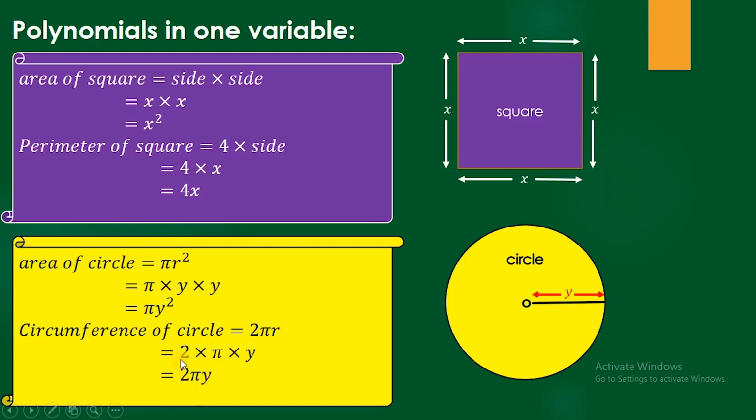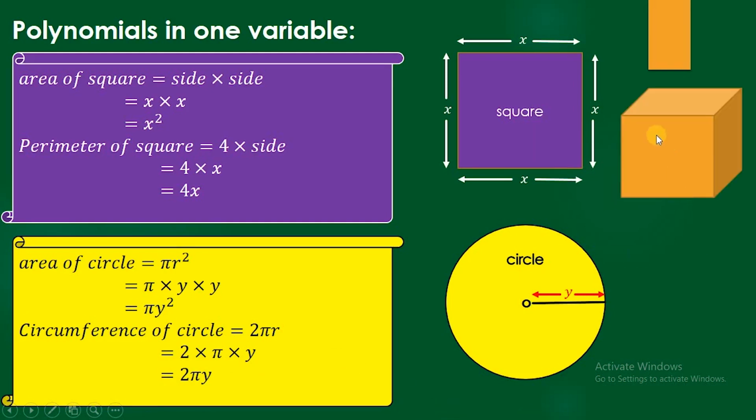Therefore, this whole term is a polynomial and it is in one variable, that is only y. Similarly, you can find the polynomial expression for the cube. You can find the volume of the cube, the total surface area, and so on. In the cube, each edge measures the same. You can take z, z, z, or any alphabet value.